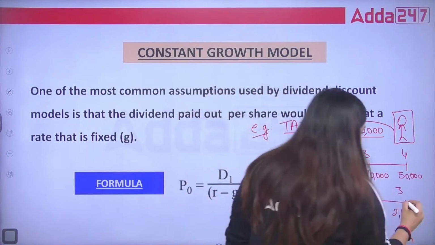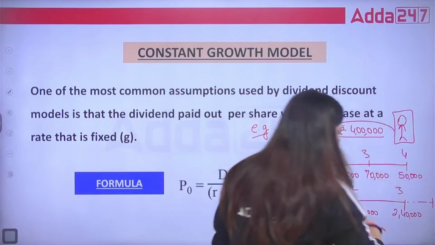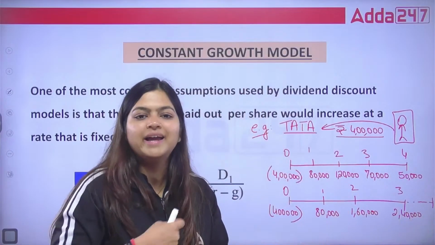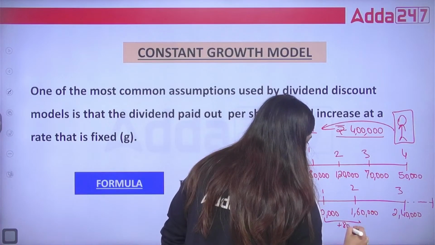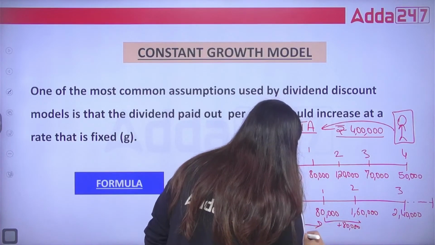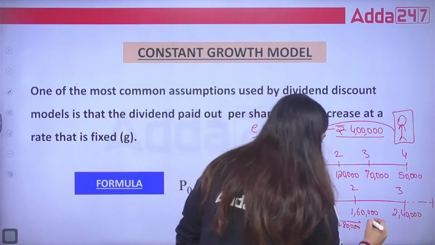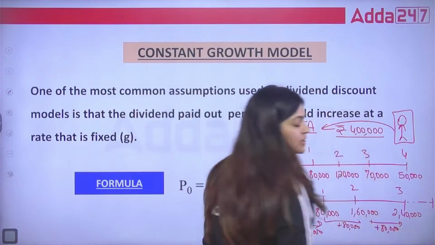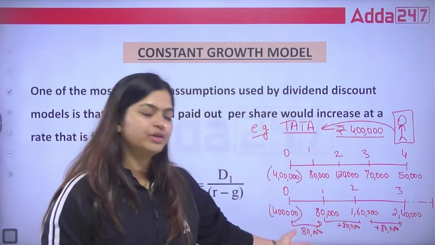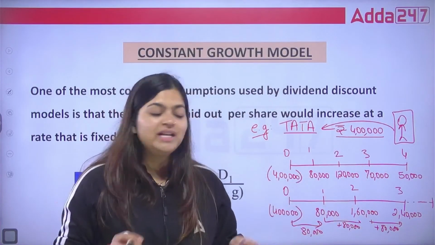Then, if we continue, this amount will just add 80,000 every year. You can see plus 80,000 each year. In your fourth year, if you continue your investment, you will receive, suppose, 3,20,000.